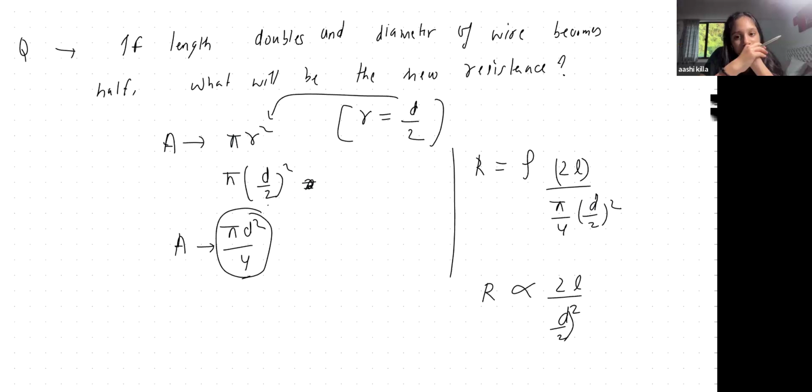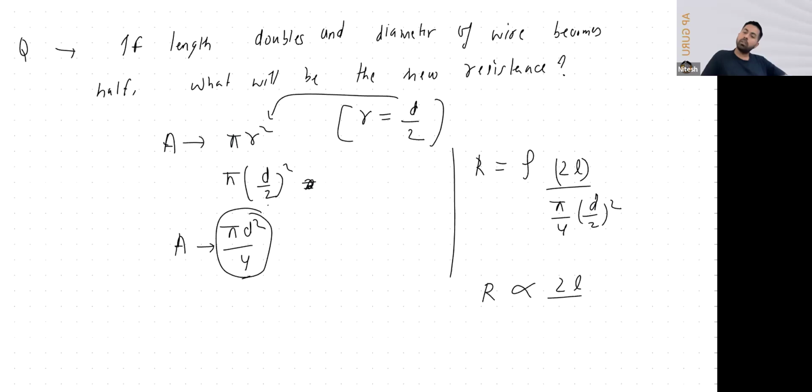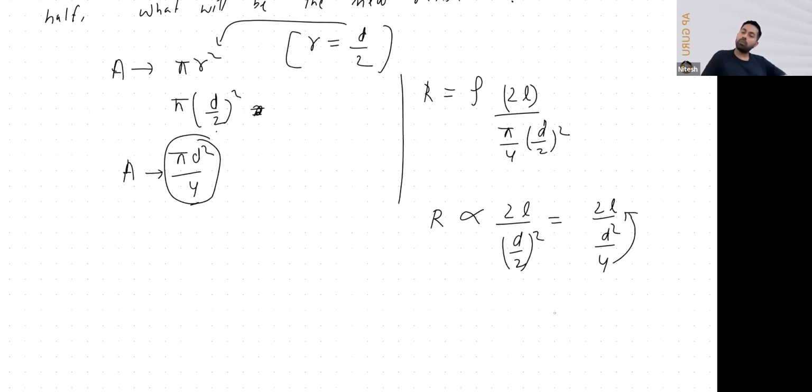So we got twice the length, the square of the diameter, and the square of 2 would be 4. This 4 comes on the top. So it's proportional to the length times d square, and 4 times 2 would be 8. So your resistance is going to be 8 times more compared to your original resistance.